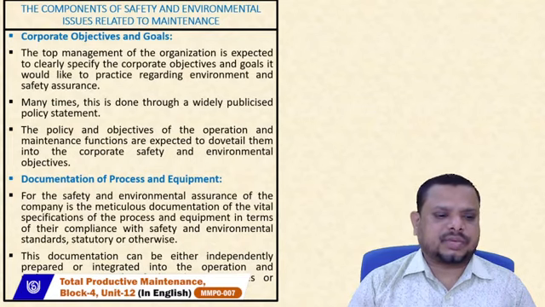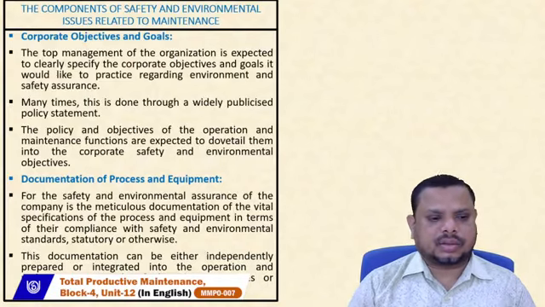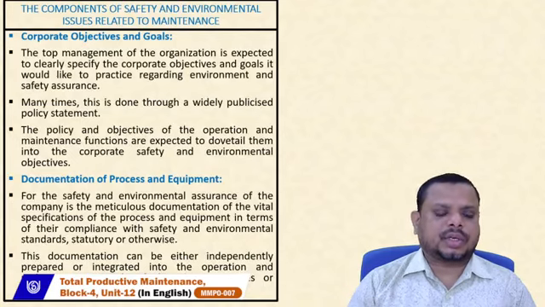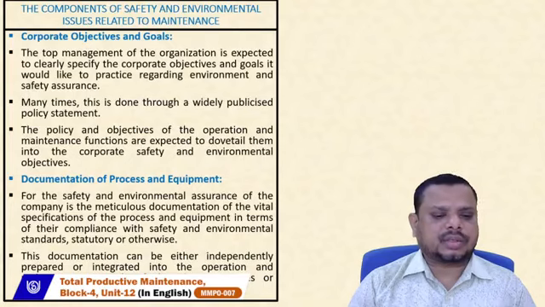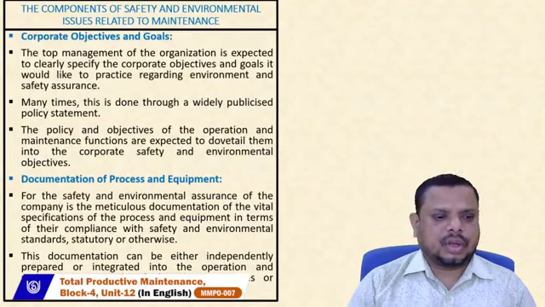documentation of vital specifications of the process and equipment in terms of their compliance with the safety and environmental standards, statutory and otherwise. Second one is that this documentation can either be independently prepared or integrated into the operations and maintenance manual of the plant process or equipment.